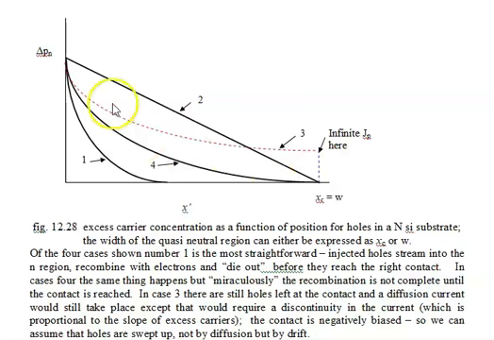So it could be that because this point x equals 0 is very close to the contact, the holes feel a strong electric field even when they're first starting out. So it could be a combination of diffusion and drift for the entire journey. And that's why the holes are continuously being sucked out, but also continuously diffusing.